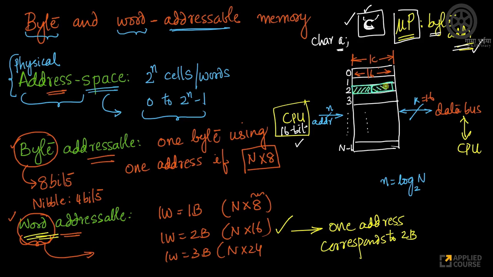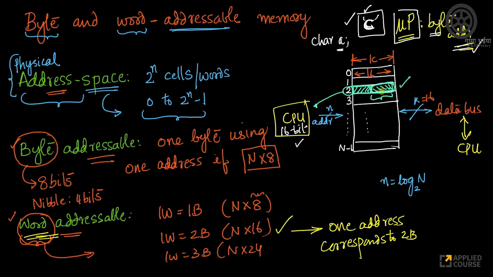This is 1 byte, this is the other byte. So if I exactly want this byte, what do I do? I tell the CPU to fetch this whole data that is there in address location 2. I'll ignore the first byte, the first 8 bits, and I'll only use the second 8 bits.